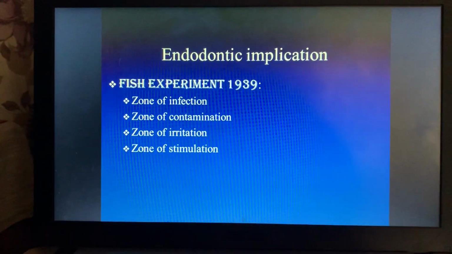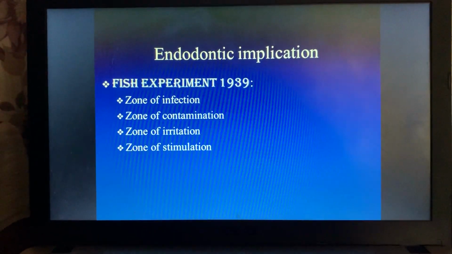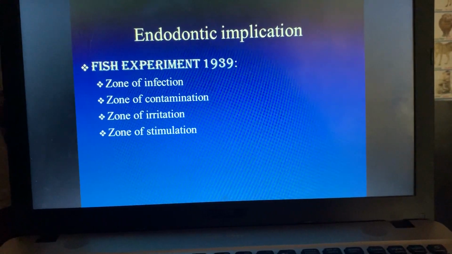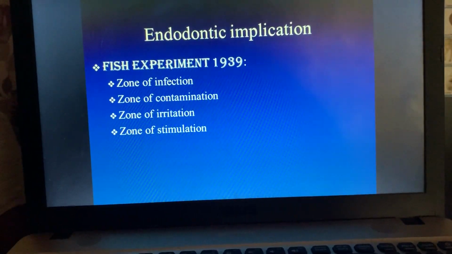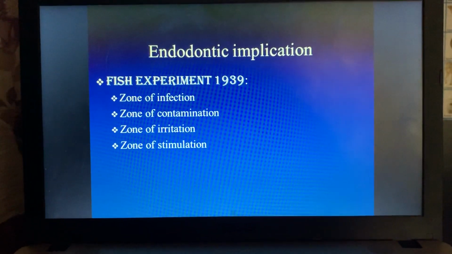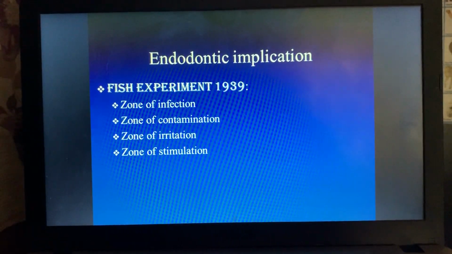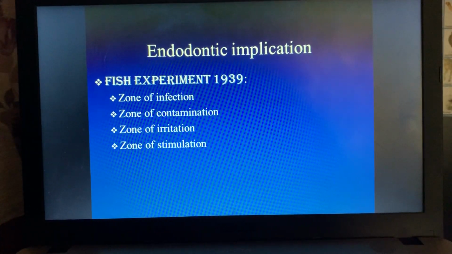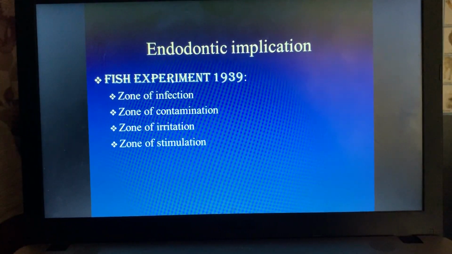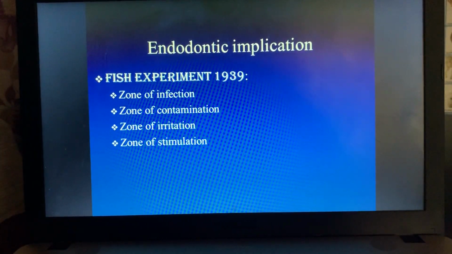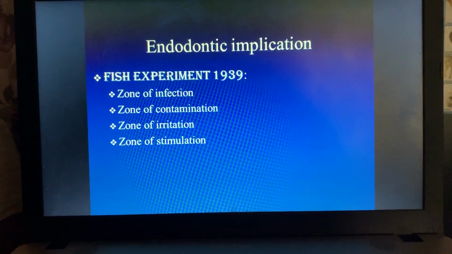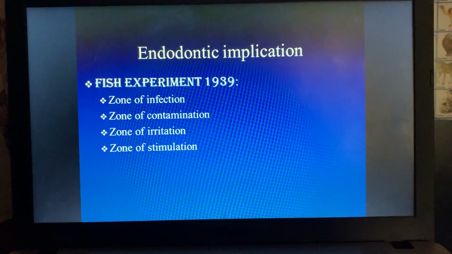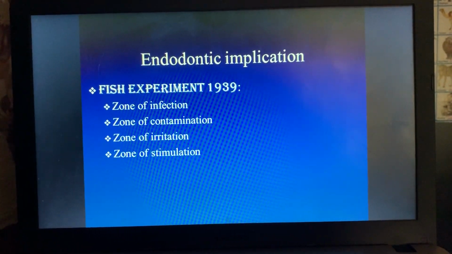Fish experimented with foci of infection in guinea pigs by drilling openings in the jaw bones of the pigs and packing them with wool fibers saturated with broth culture of microorganisms. In 1939, Fish described the zones of infection, or the reaction of the body to infection. He concluded that removal of the nidus of infection leads to resolution of the infection.